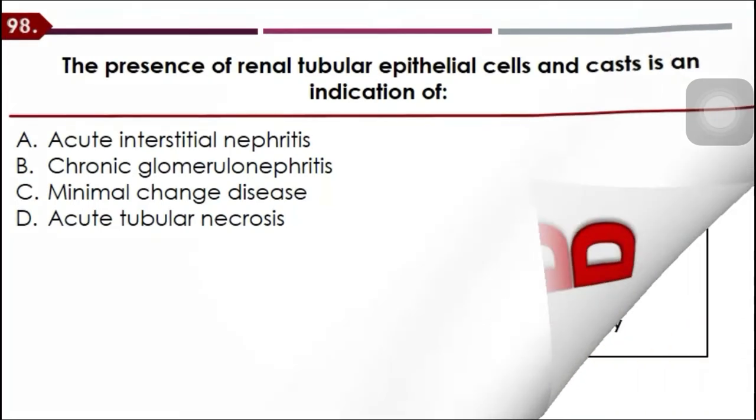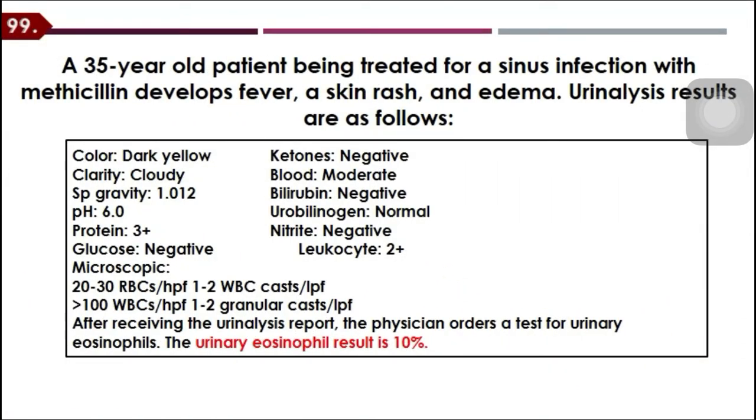For number 99, a 35-year-old patient being treated for a sinus infection with methicillin develops fever, a skin rash, and edema. Urinalysis results are as follows. If you notice, color is dark yellow, clarity cloudy. Leukocyte 2+, with presence of RBCs and WBCs.